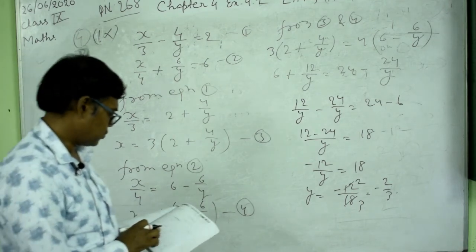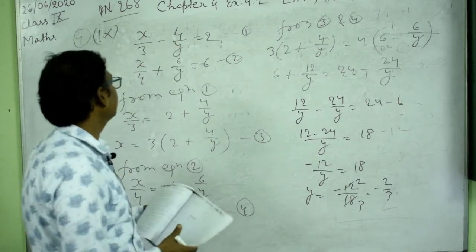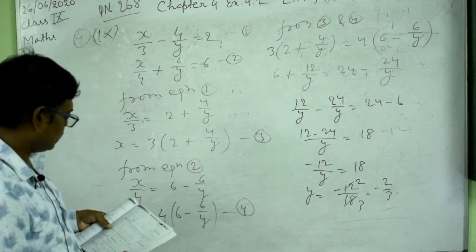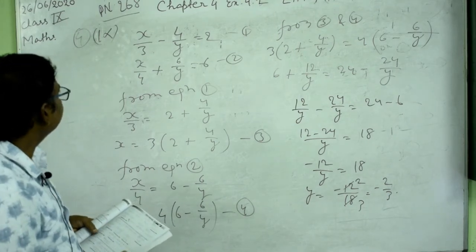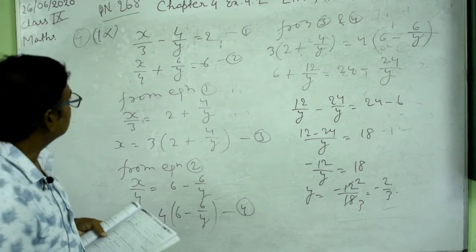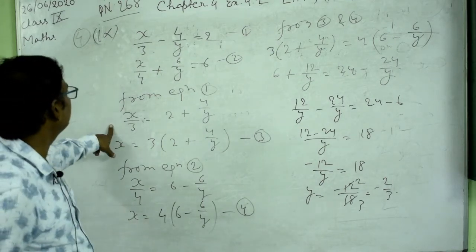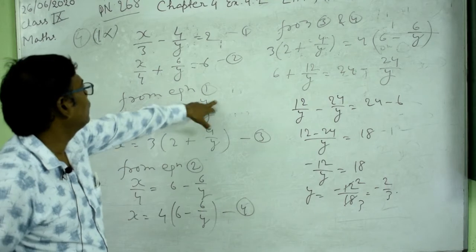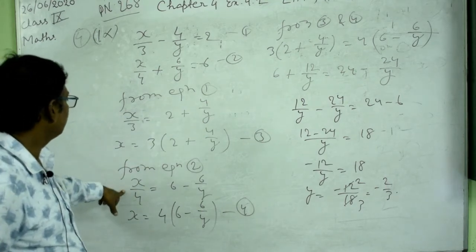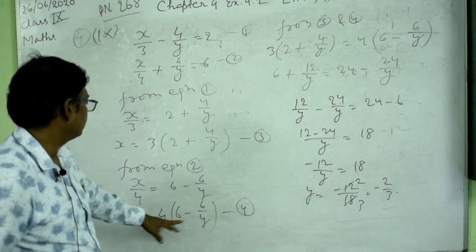No, I think it is not correct here. Actually, x equal to 12 and y equal to 2 here. So this is not correct. Something is wrong. x by 3 minus 4 by y, and x by 4 plus 6 by y, so 2 and 6 is there. So where is the mistake? x by 3 equal to 2 plus 4 by y, and x equal to this is correct, and x by 4 equal to 6 minus 6 by y, then x equal to 4 into this.